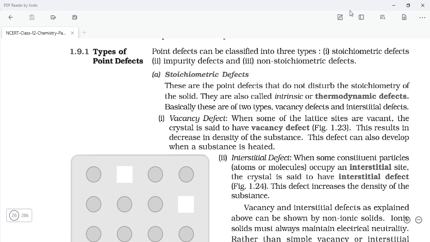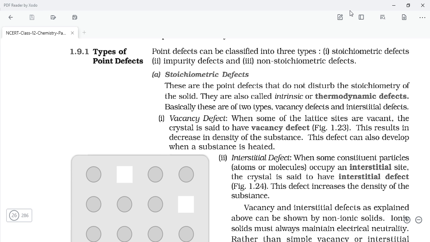So the vibration or the motion of atoms increases inside the lattice, and that might cause some vacant spaces between the atoms present in the lattice, and then you can call it vacancy defect.